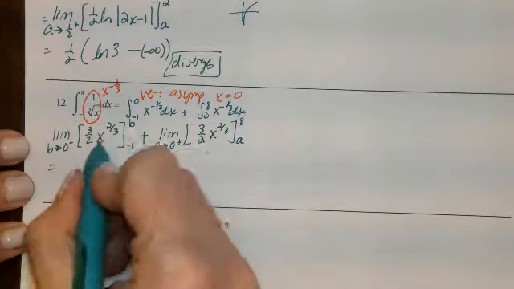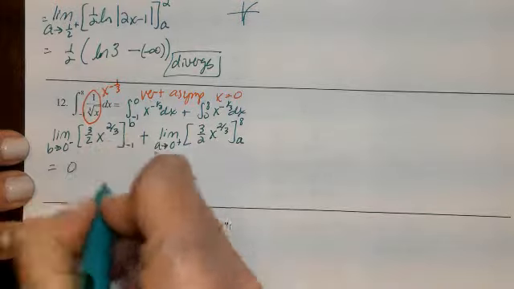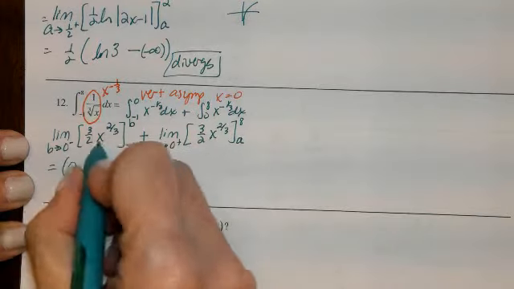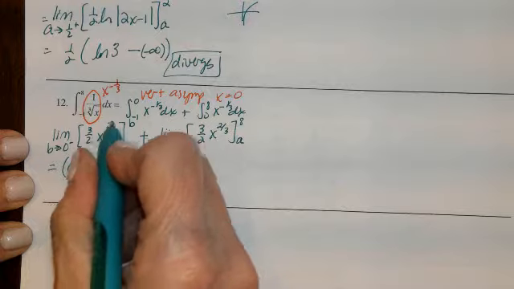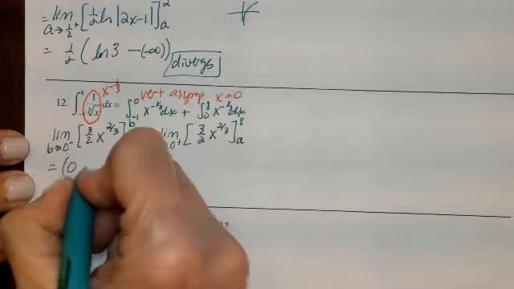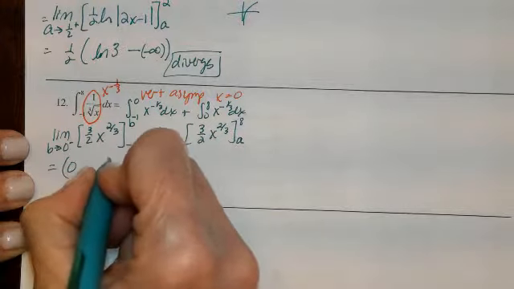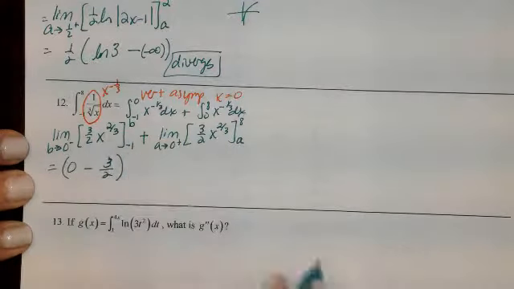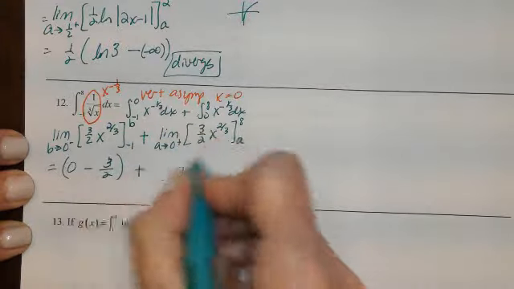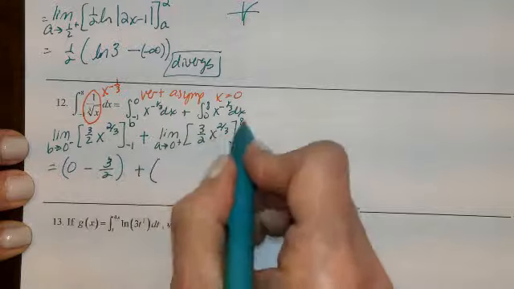Now put b in for x, let b go to 0. That's 0. Put -1 in for x. The cube root of -1 is -1, but then we're squaring it, we're back to 1, so that's just a 3/2 here. Okay. Plus, put 8 in for x.